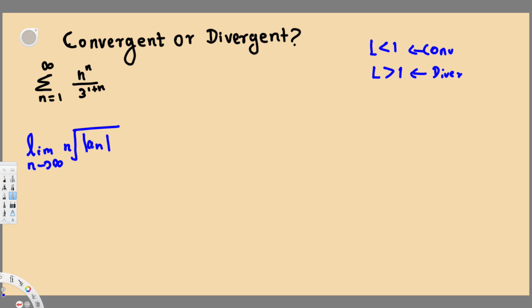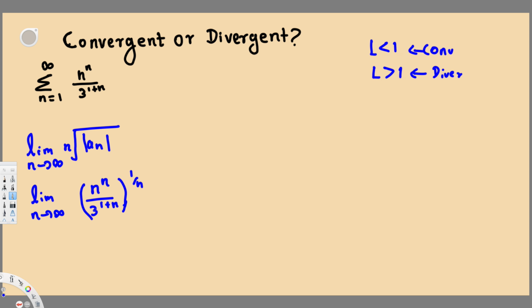So let's go ahead and see what we are going to get from this one. Let's take the limit as n approaches infinity, and here the absolute value is going to be the same thing because we don't have any negative sign, right? So this is going to be the same thing, n power n over 3 power 1 plus n, and the nth root is the same as power 1 over n, right?